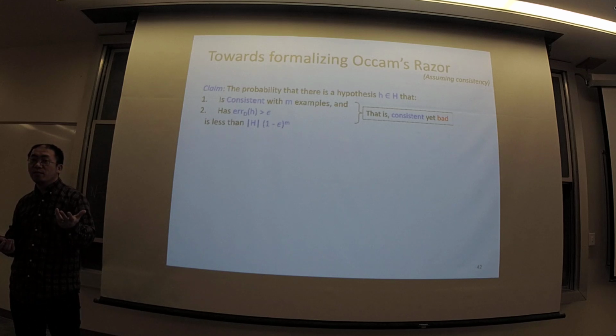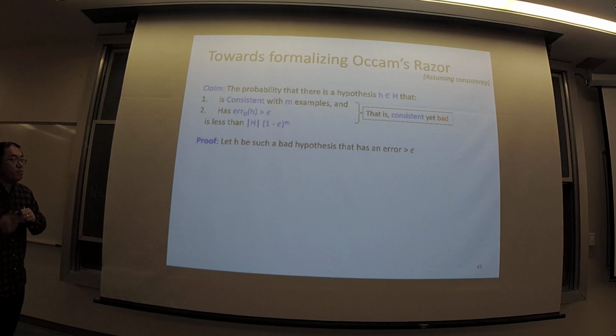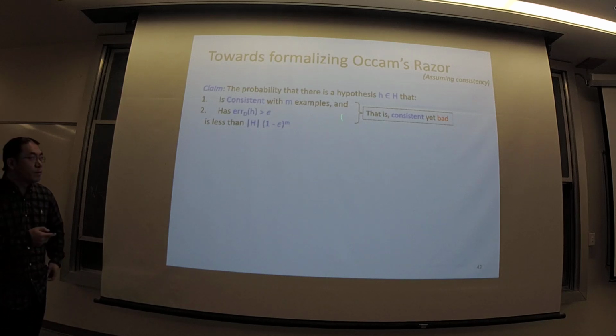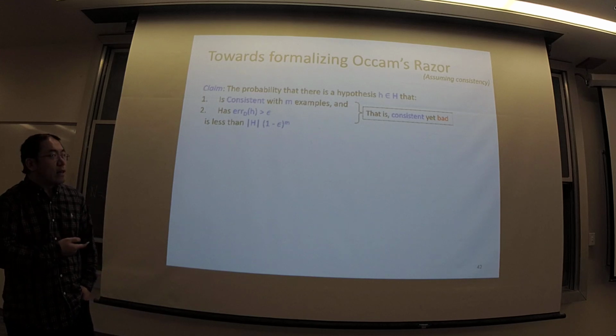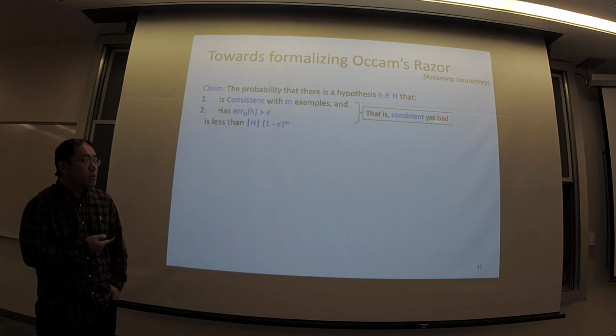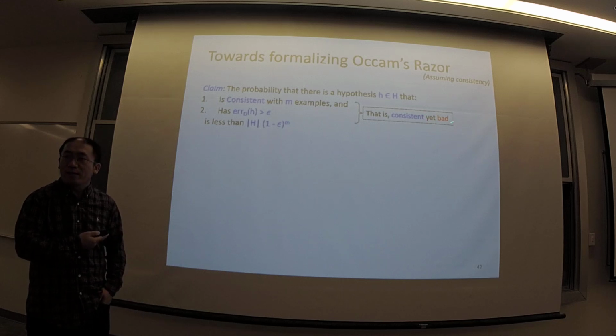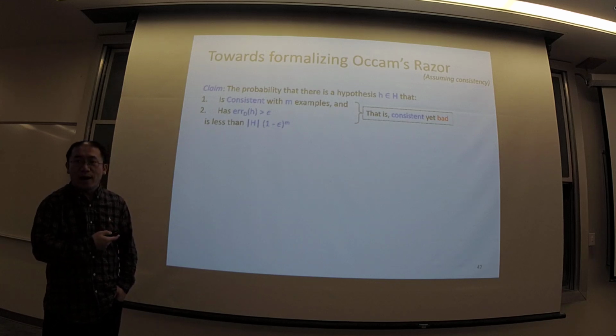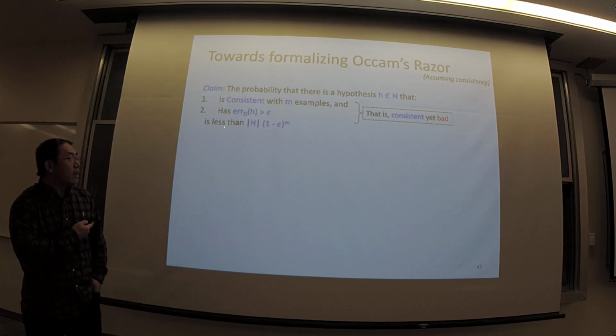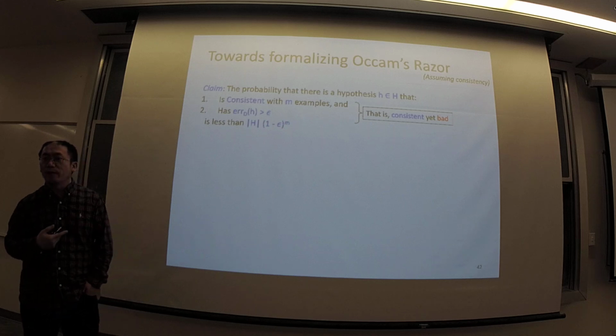Does it make sense? Okay. So in summary, if I have a hypothesis which is consistent with all training data, but performs badly in predicting future examples, what's the chance for that? I can claim that this chance is upper bounded by this number.